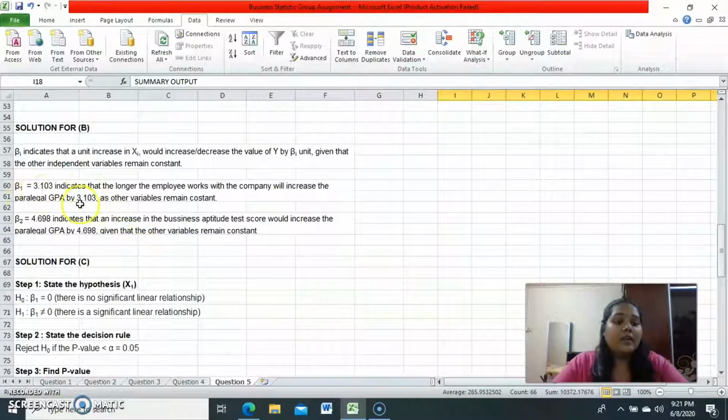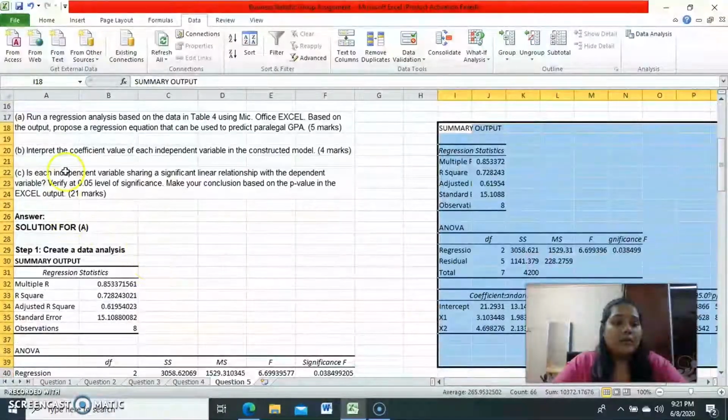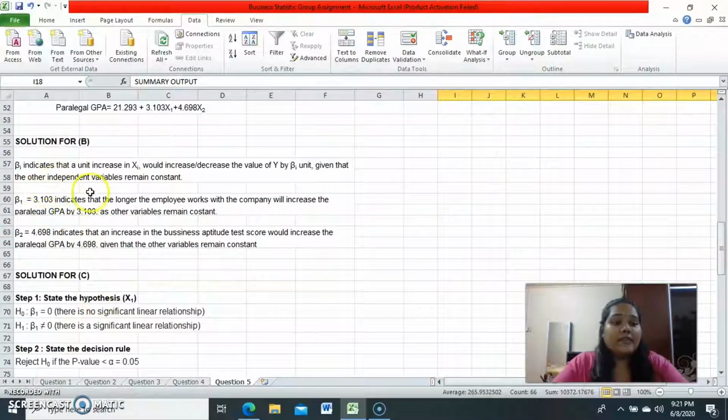For B, interpret the coefficient value of each independent variable in the constructed model. For solution B, beta indicates that a unit increase in x will increase or decrease the value of y by beta units, given that the other independent variables remain constant.